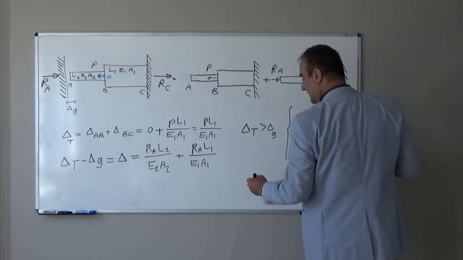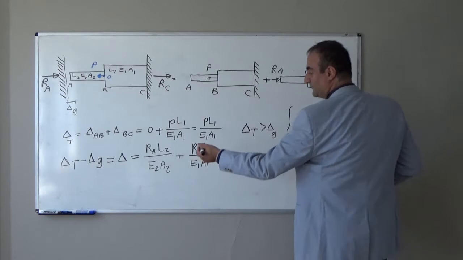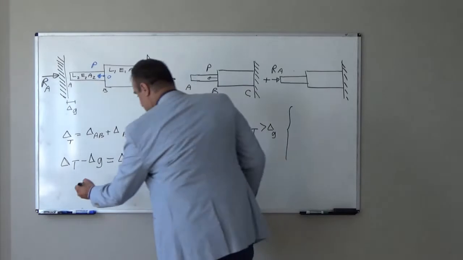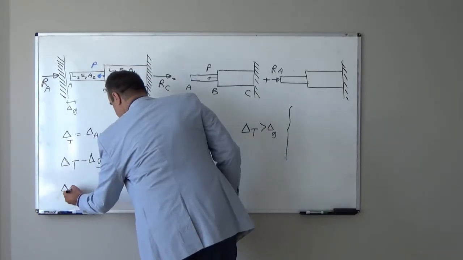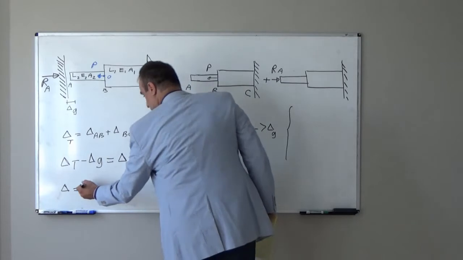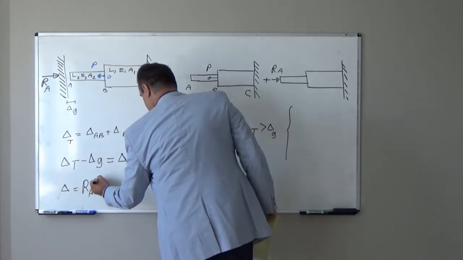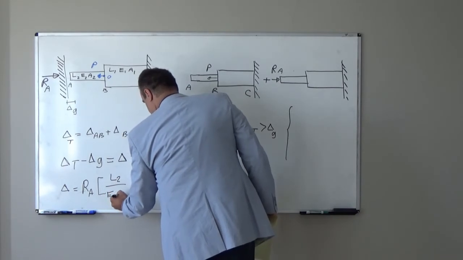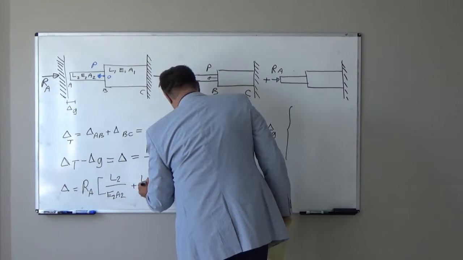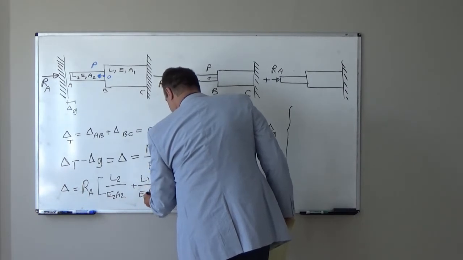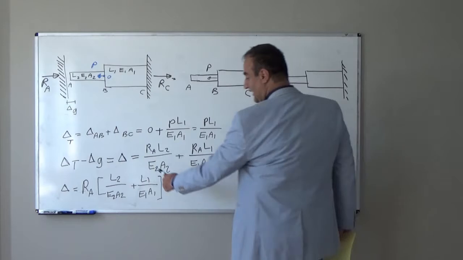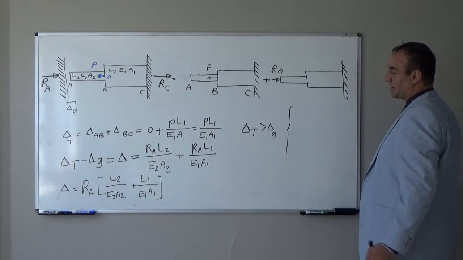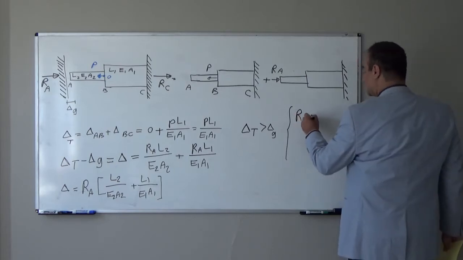We have one equation and one unknown, so if I simplify, I can write delta is equal to RA times (L2 over E2 A2 plus L1 over E1 A1). Because we have all these, we can find RA.